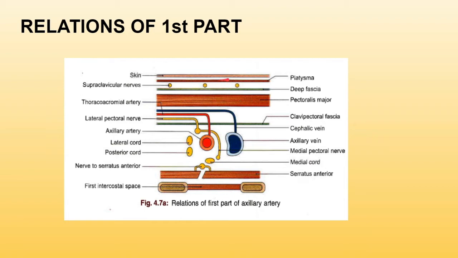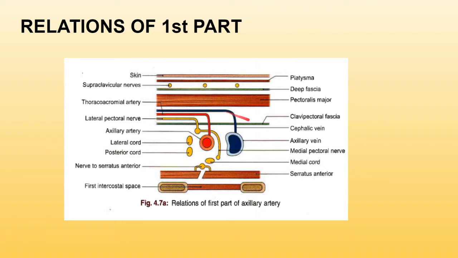The platysma muscle, supraclavicular nerves, deep fascia, pectoralis major muscle. Okay, pectoralis major muscle, and just remember three things: VAN in series. That is vein, artery and nerve, because these three are in series as VAN.